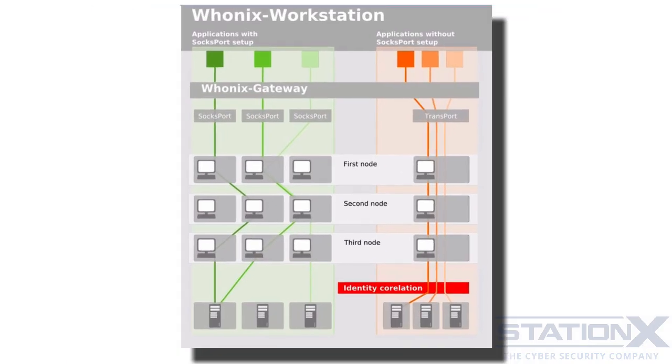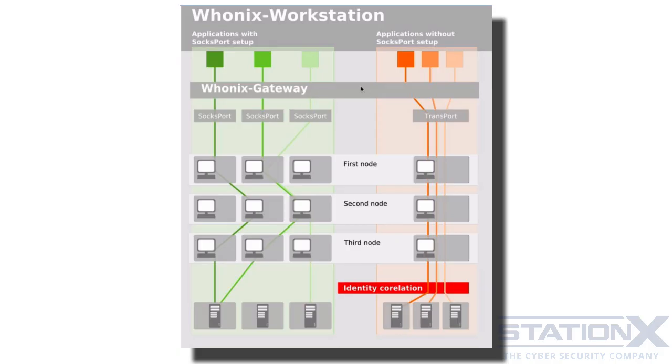What you can see here is a representation of the Whonix workstation here, the Whonix gateway here, and then the 3-hop circuit of the Tor network. First node, second node, third node, and then the destination.